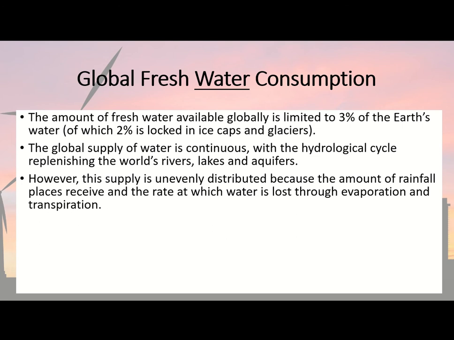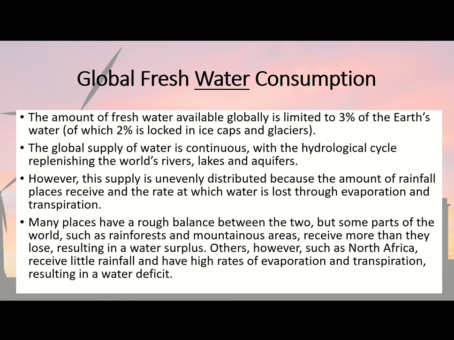So those places are probably not the best place to set up a farm that requires lots of water. But temperate regions like the UK experience rainfall fairly consistently year round. The equatorial rainforests, places like the Amazon and the Congo, experience rainfall basically every single day. So the supply of fresh water is unevenly distributed as well.